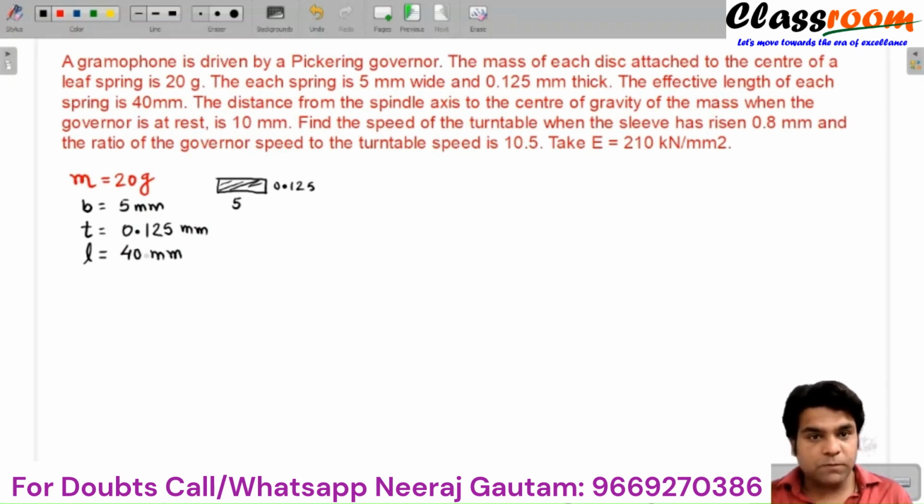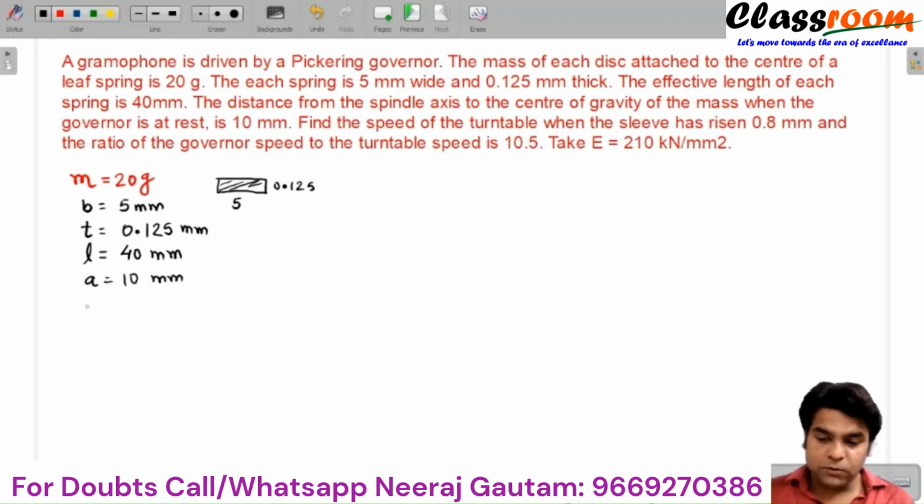The distance from the spindle axis to the center of gravity of the mass when the governor is at rest is 10 mm. So a is given as 10 mm. Find the speed of the turntable when the sleeve has a rise of 0.8 mm and the ratio of the governor speed to the turntable speed is 10.5.